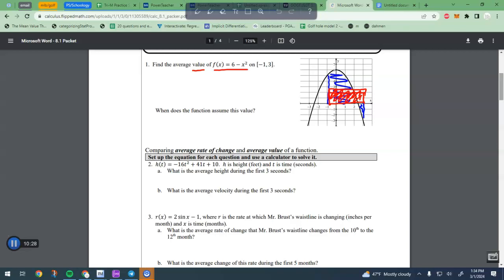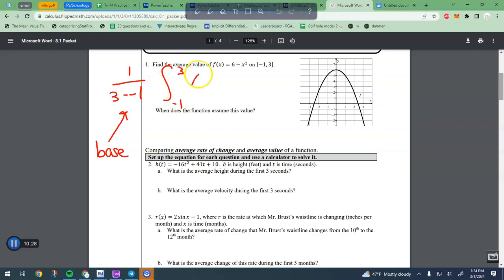If it wanted the level below, it'd say like find the average velocity or find the average derivative. But it didn't. I'm still on this level. So that means my equation is 1 over 3 minus -1. That's just the base. Times the integral -1 to 3 of 6 minus x squared.